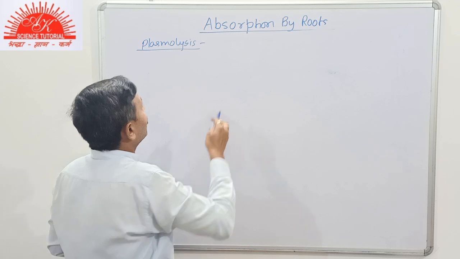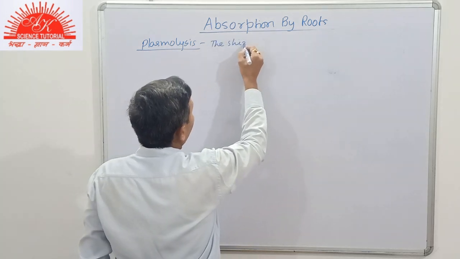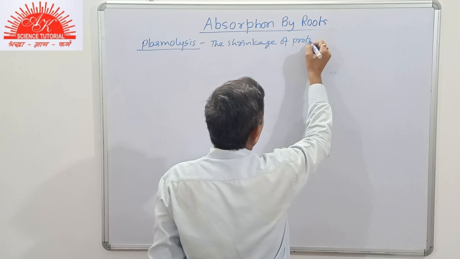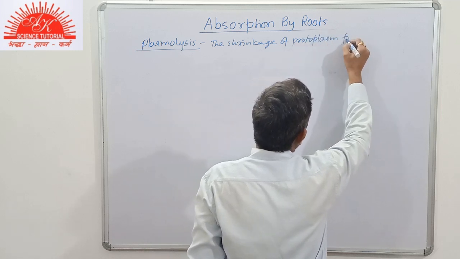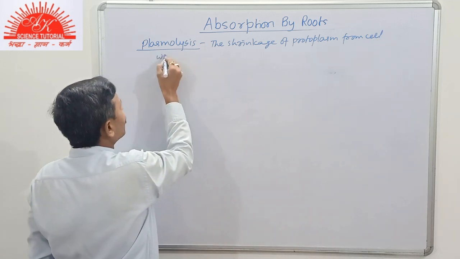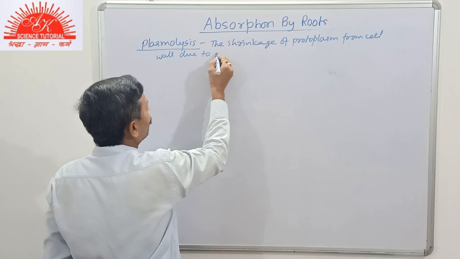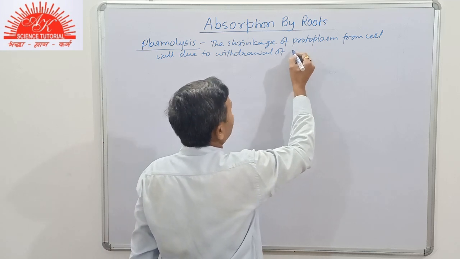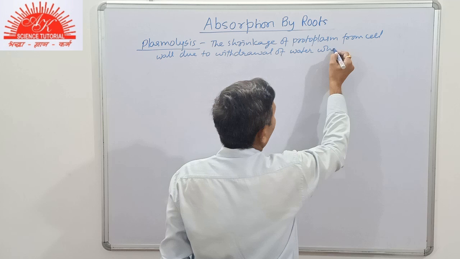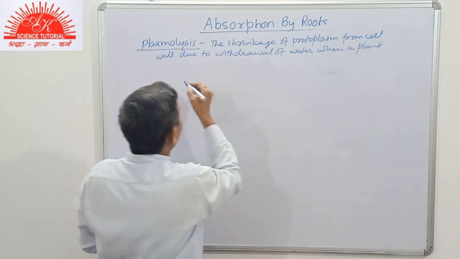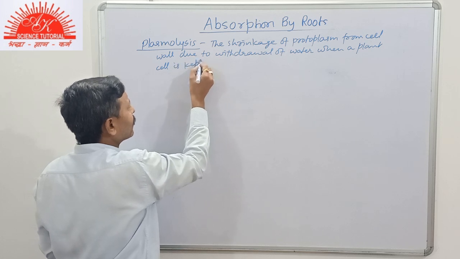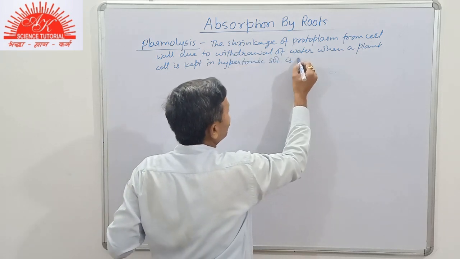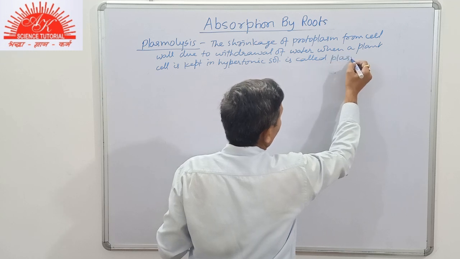So what is it? The shrinkage of protoplasm from cell wall due to withdrawal of water, or exosmosis, when a plant cell is kept in hypertonic solution, is called plasmolysis.